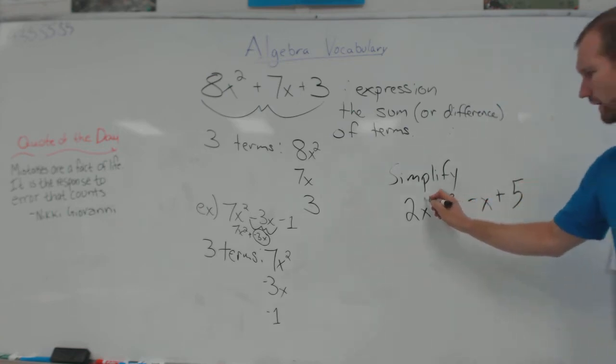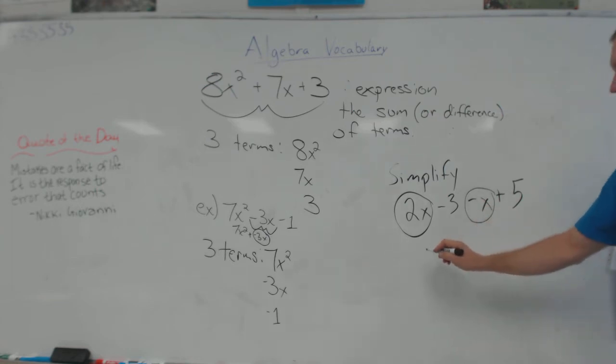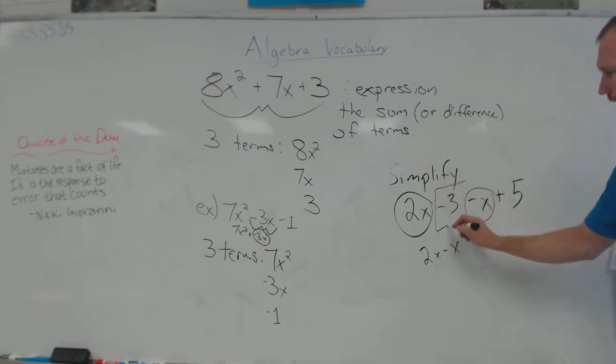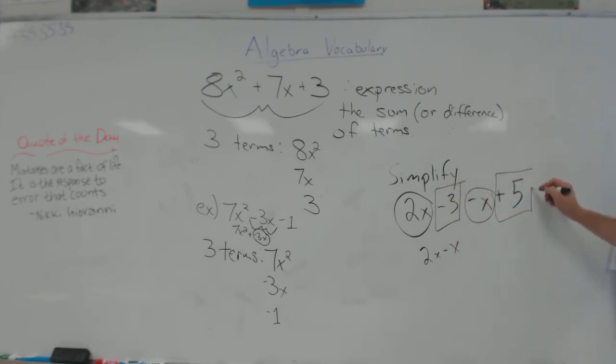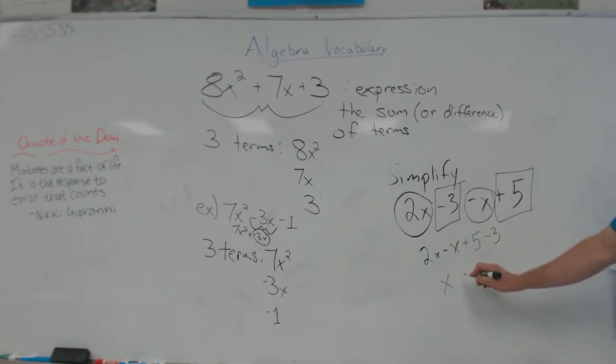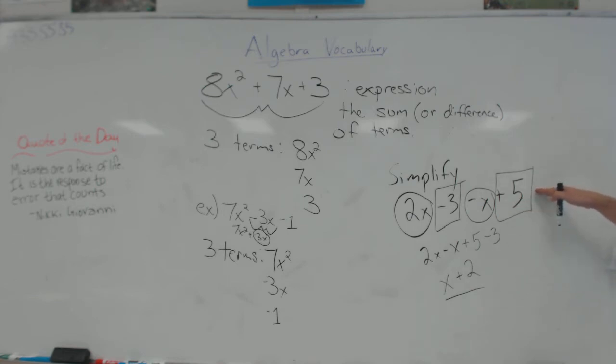So we have 2x and negative x. Don't forget that negative. So we have 2x minus x. And then we have negative 3 and positive 5. Those are our constant terms. So I'm going to write it like this, plus 5 minus 3. And I can group this into 2x minus x is x. 5 minus 3 is 2. So this would be the simplified version of this expression.